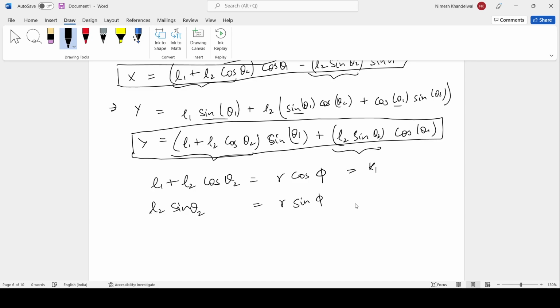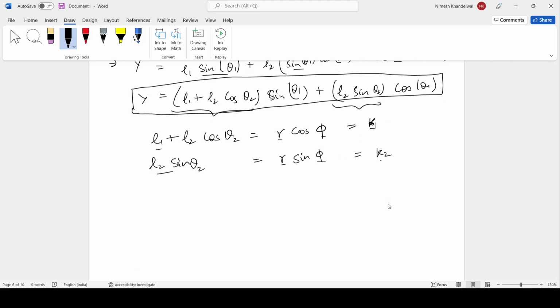We assume this quantity to be k1 and this to be k2, and since k1 and k2 are two different, independent values, we can express them using 2D polar coordinates because they are in a 2D coordinate system.